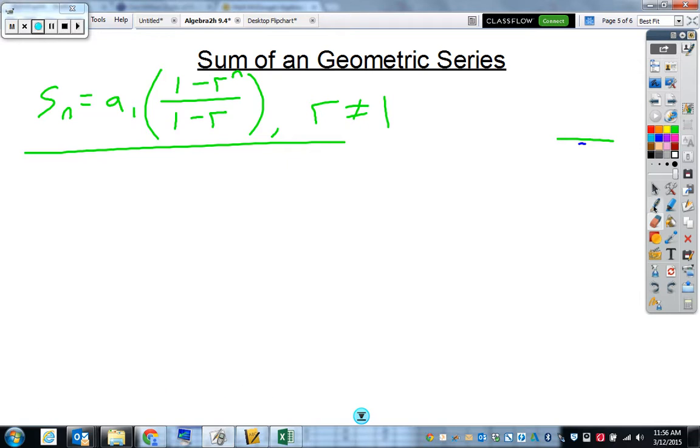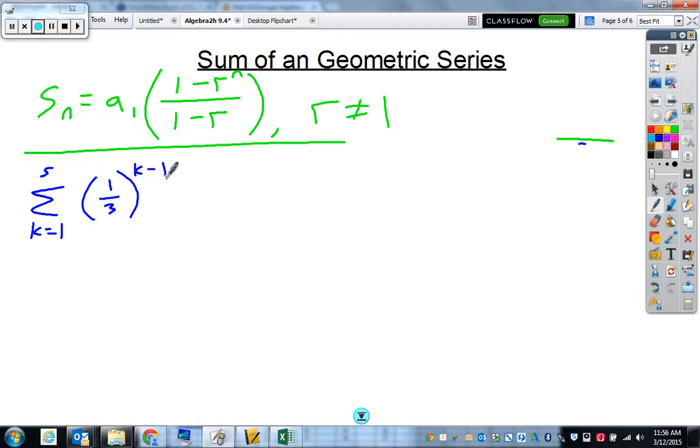Okay. Now sometimes they give it to me in that form. Other times they actually give it to me in summation notation form. So they'll say k equals 1 to 5 of 1/3 to the k minus 1.